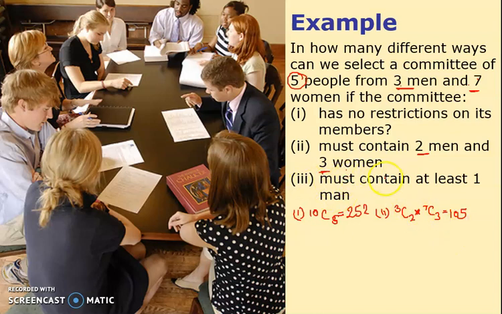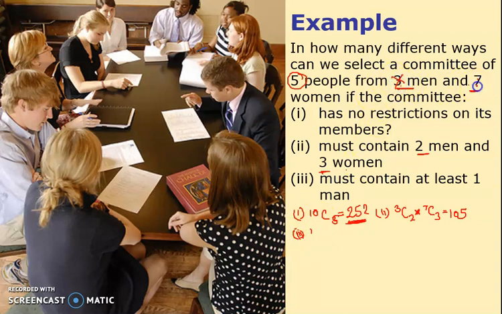Next question says must contain at least 1 man. Now I'm tempted to think it might be easier to assume there were no men. That's part 3. I know there's 252 ways of doing it altogether. How many of those would have no men? If I had no men, none of these 3 would be chosen.